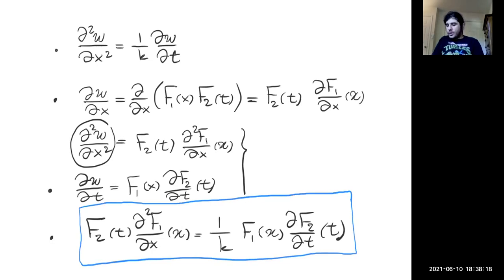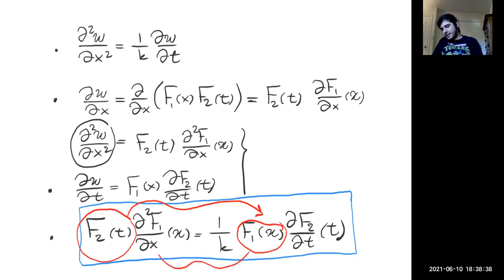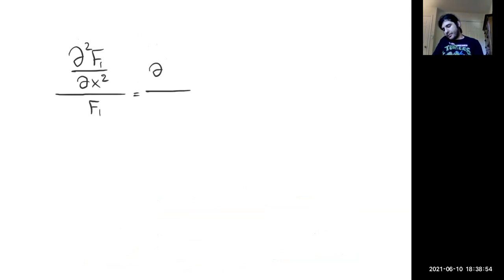Again, what we do here, just like always, anytime that we can, we separate the variables. That's a very good thing to do if we can. So we can take everything which has t in it to one side. For example, I can take this term to the right-hand side and this term to the left-hand side, so I would divide everything by f1 times f2. Here we would get the second derivative of f1 with respect to x over f1 is equal to the derivative of f2 with respect to t over k f2. On the left-hand side everything is a function of x, and on the right-hand side everything is a function of t.